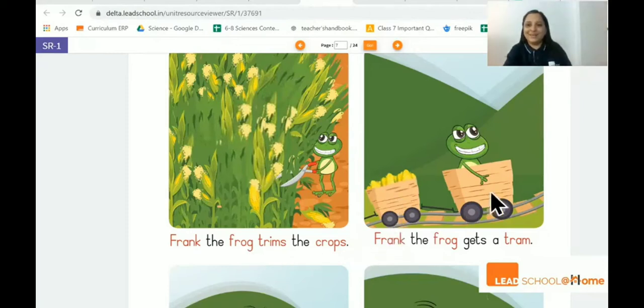Oh, now look at this picture. What is Frank the frog doing? He is in a tram, right? Now let's read this sentence. What is this word? Correct. Frank the frog gets a tram.